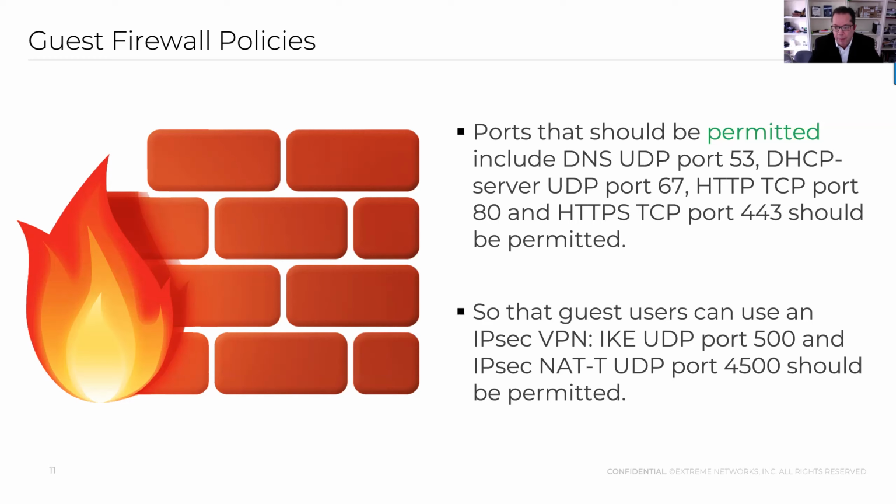So for them to access their own corporate stuff through your guest network, you should allow Internet Key Exchange UDP port 500 and IPsec NAT traversal UDP port 4500 should be permitted so that those VPNs can get through on your guest network. But it's totally up to you.